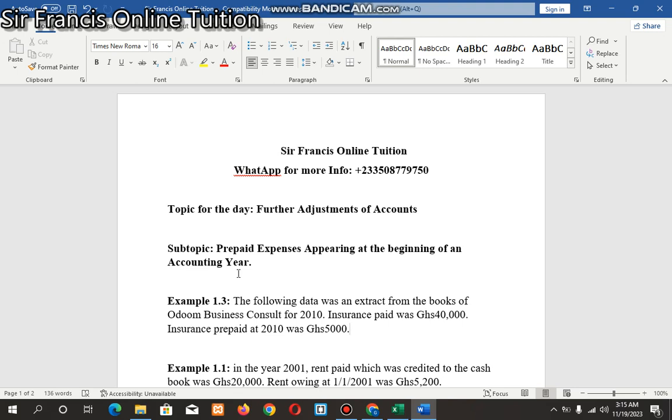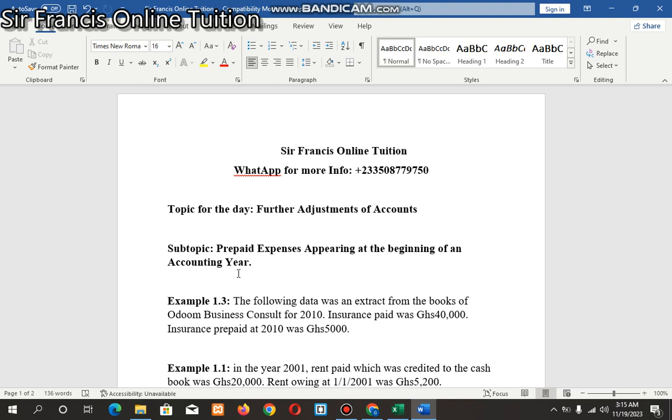So for example, assume rent expenses for a business for a whole year, let's say 2010, was 10,000 Ghana cedis. But as at the end of the year, the business managed to make a payment amounting to 15,000 Ghana cedis for rent.